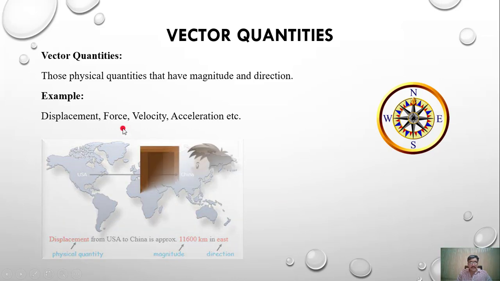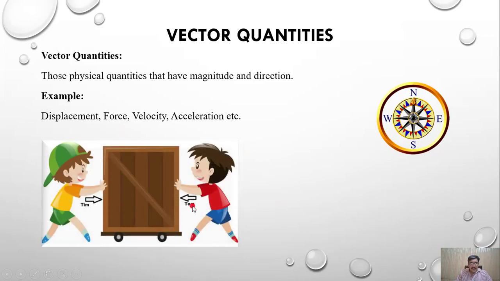In the same way, one more example. Two boys, Tim and Tom, are applying force to this box, to this cart. For example, Tom is applying 5 Newton force towards the west direction. You can see this arrowhead line is towards the west direction, on the left hand side.